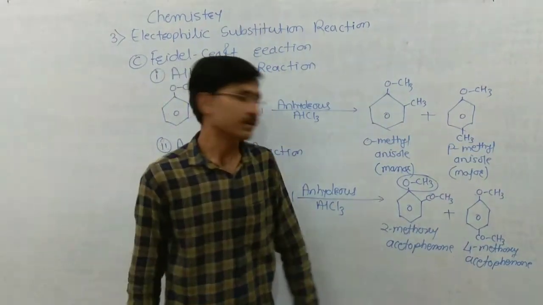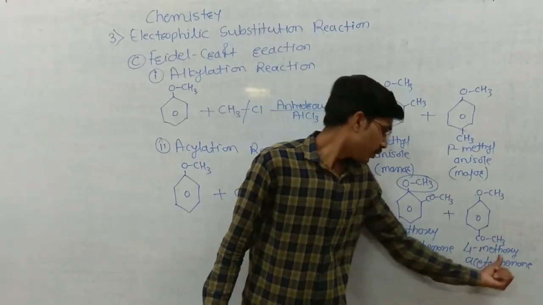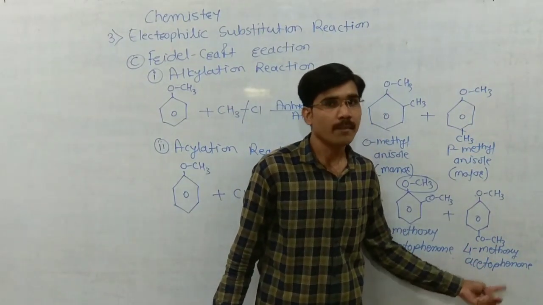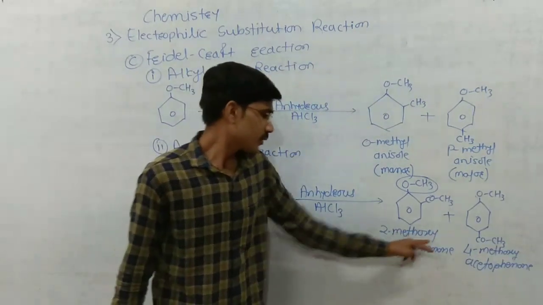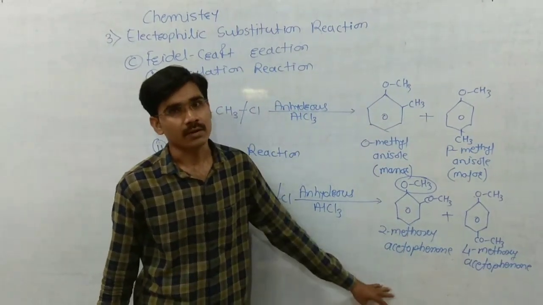This is the reaction. In that, 4-methoxy acetophenone is a major product and 2-methoxy acetophenone is a minor product.